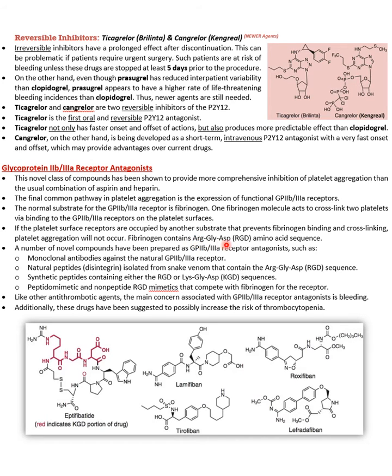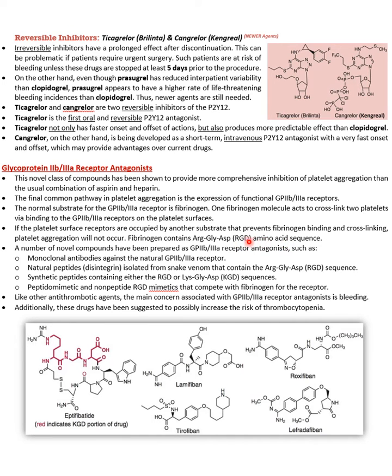So the arginine is R, glycine is G, aspartate is D. In fact, all the 20 amino acids, 20 or 22, I can't remember now. Anyway, each one of the amino acids has a letter that represents it. So for short, we'll say the RGD amino acid sequence.